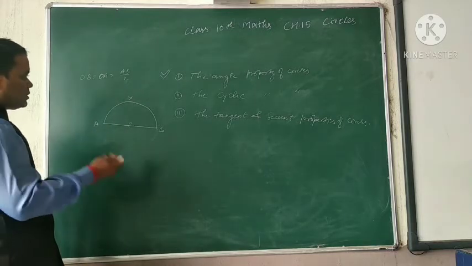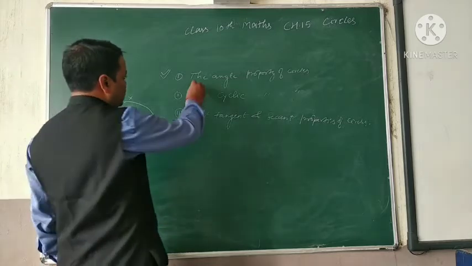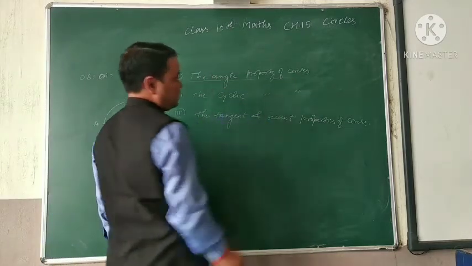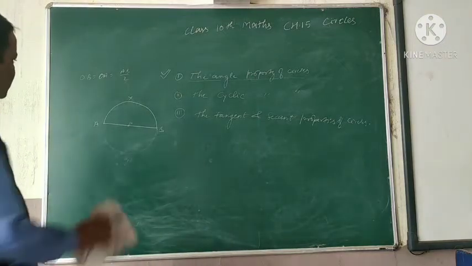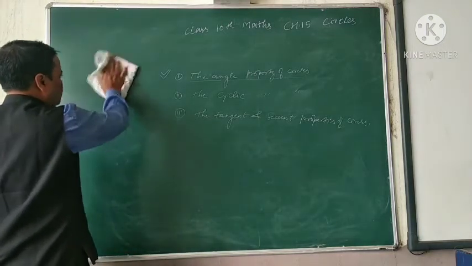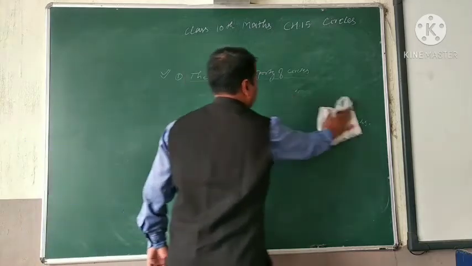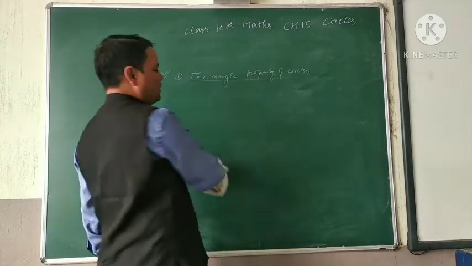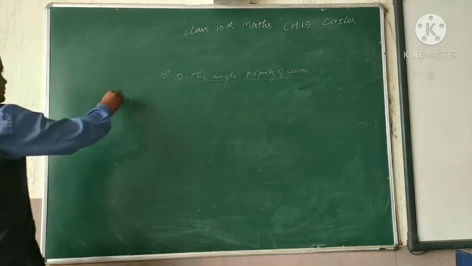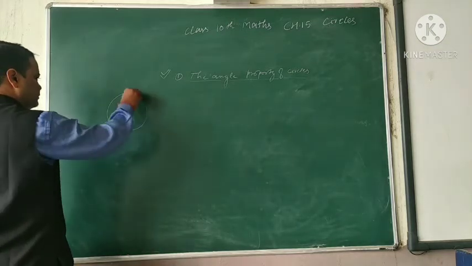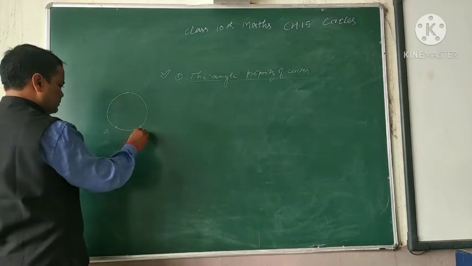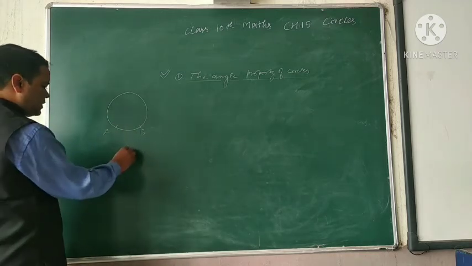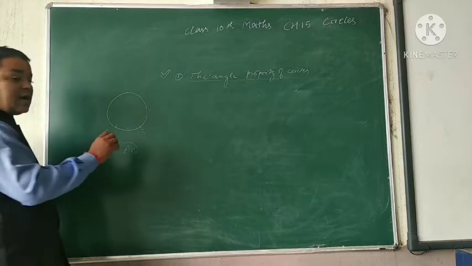Now, according to our syllabus, we will discuss the angle property of a circle. I think you know about the arc also, the boundary of the circle. If you take any two points A and B, this is arc AB.